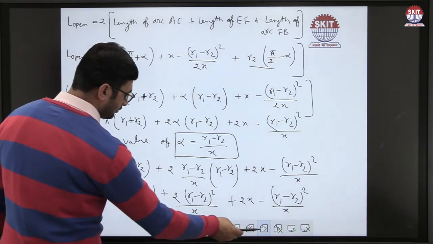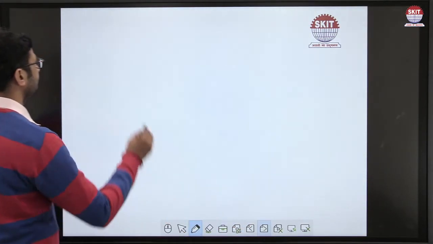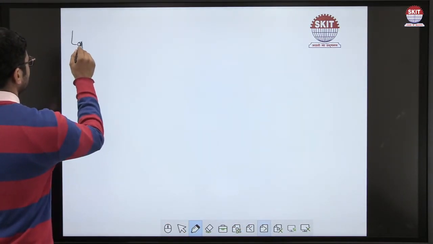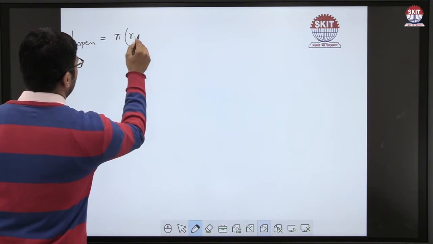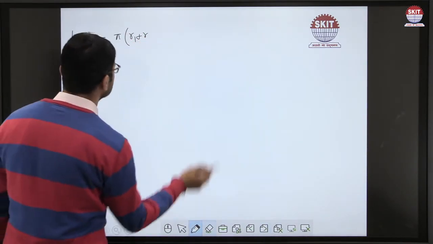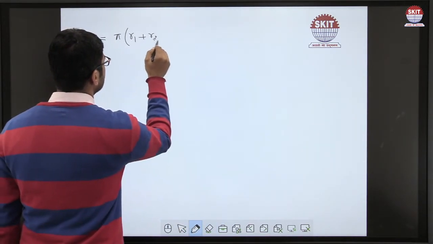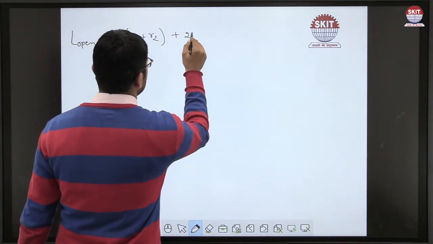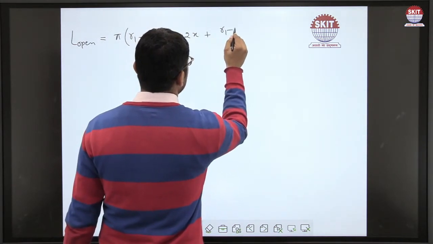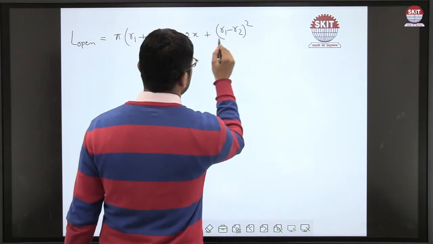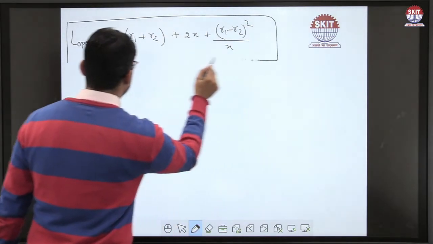The final solution of the formula is like this: pi R1 plus R2 plus 2x plus R1 minus R2 whole square upon x. This is the final expression of the open belt drive.